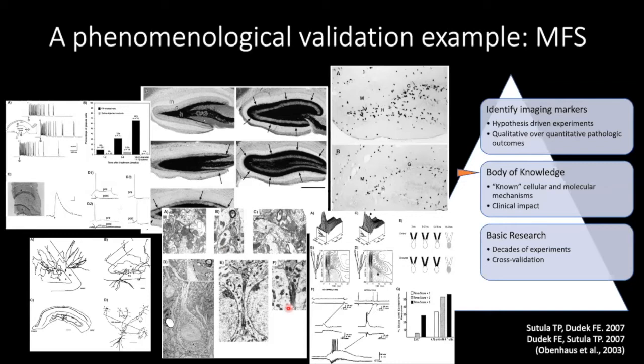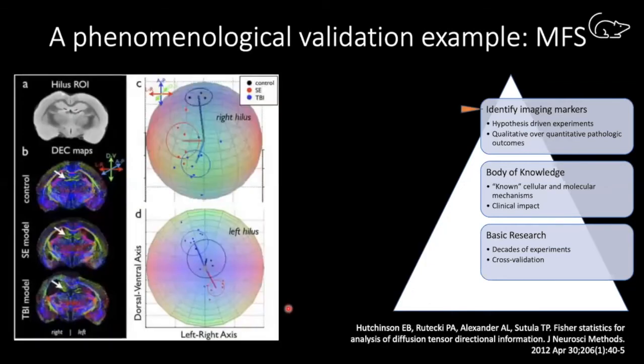So then, to bring this body of knowledge toward identifying, in this case, diffusion markers of mossy fiber sprouting, what we can do is notice what the MRI outcomes might mean, and then go back and validate them, using what we expect in a hypothesis-driven way to perform informed histologic studies.